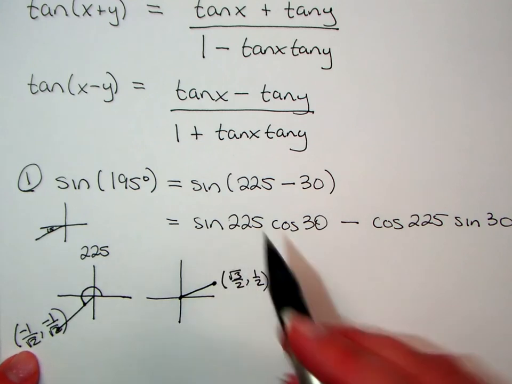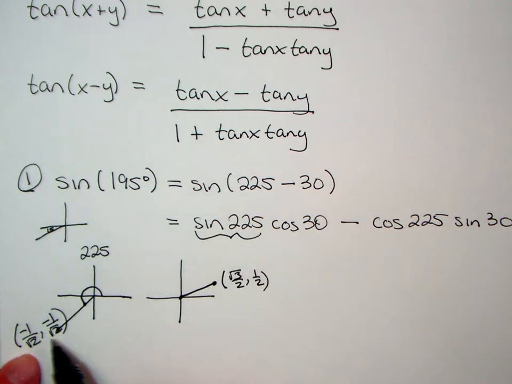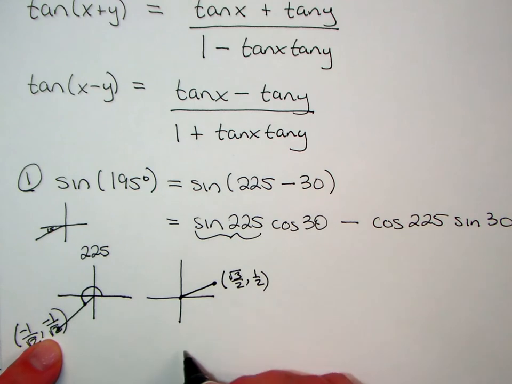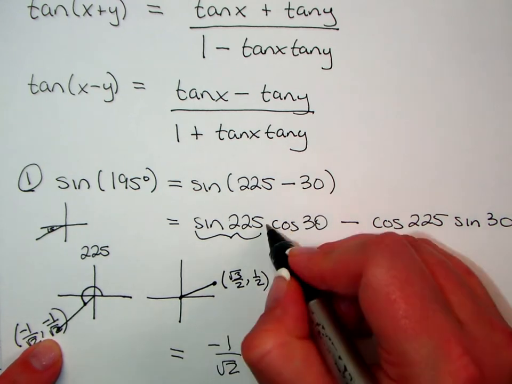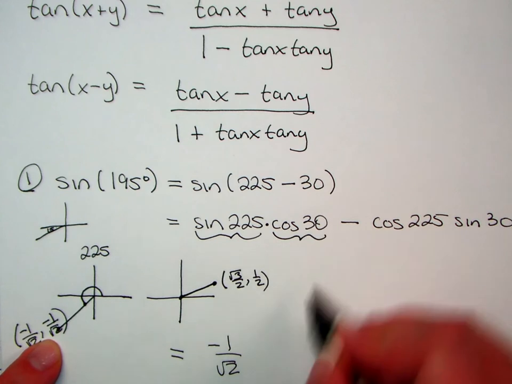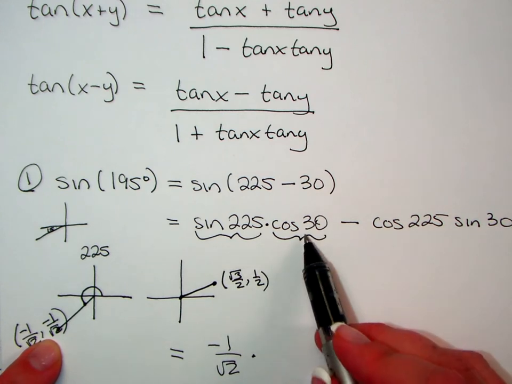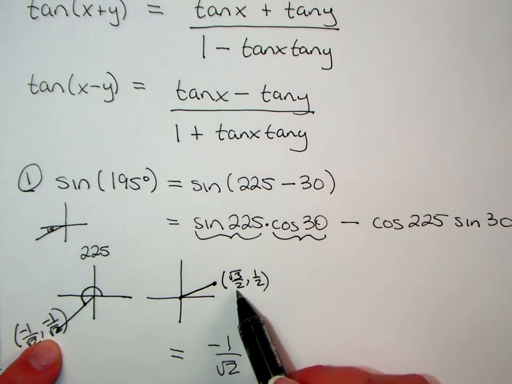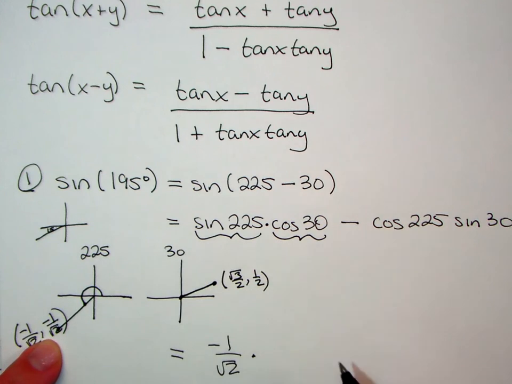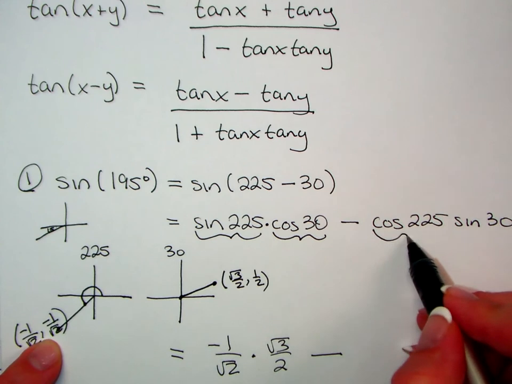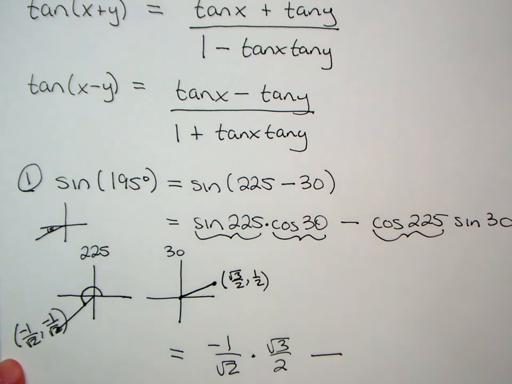So here, sine of 225 is the y value at 225 degrees, so we're going to get negative 1 over rad 2. Then times cosine of 30. Cosine of 30 is the x-coordinate for the 30-degree one, which is rad 3 over 2. Minus cosine of 225, the x-coordinate here, negative 1 over rad 2.